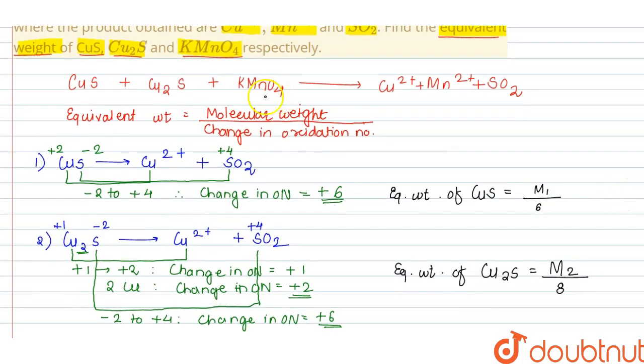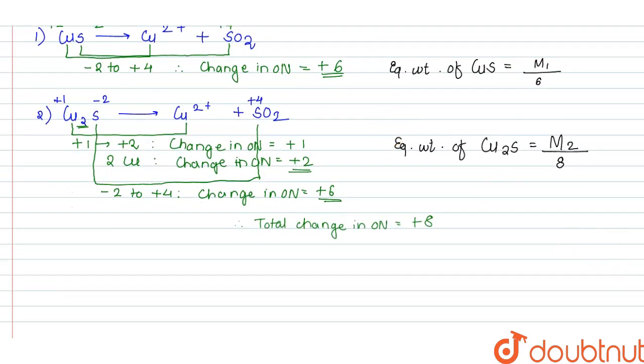Now the third one is that KMnO4 changes to Mn2+. Now in KMnO4 the oxidation number of Mn is +7. So here oxidation number changes from +7 to +2.